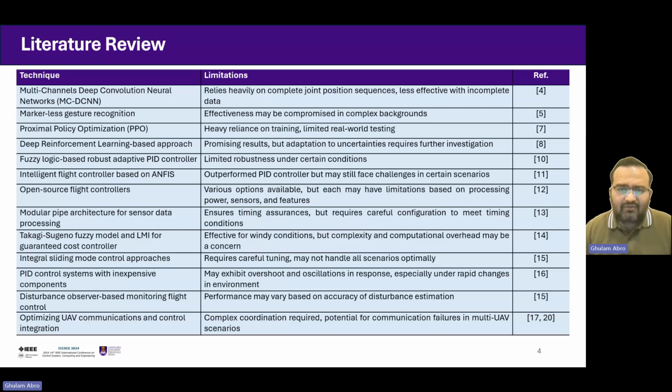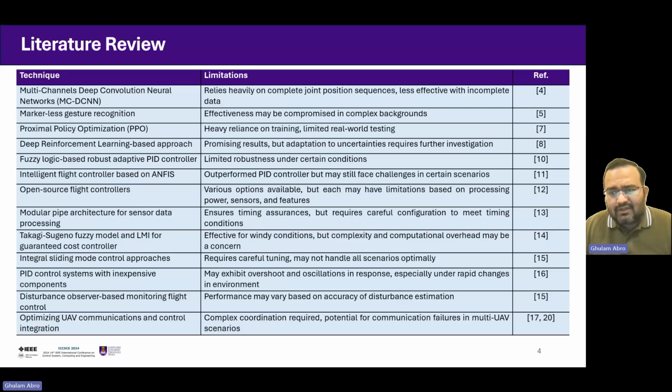Then there are some promising results, but again, when it comes to uncertainties, further investigation is required. For some of the control algorithms, like the second last, performance may vary based on the accuracy of disturbance estimation. So again, we need a disturbance observer as well.